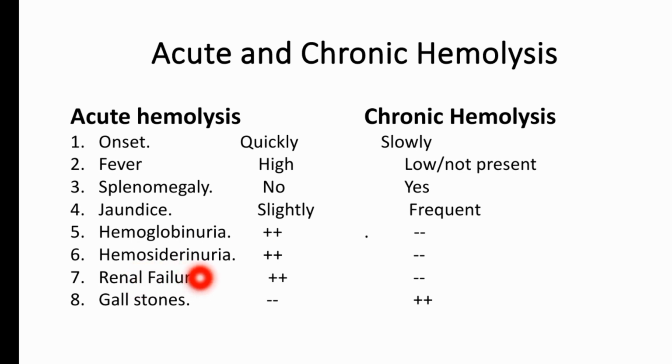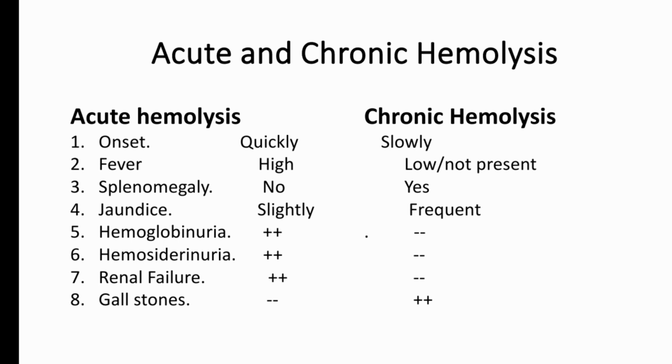The renal failure will be present in acute cases. The reason will be the same, and it will be absent in the chronic cases because of the activation of compensatory mechanisms. The gallstones will not be present in the acute cases, because the formation of gallstones takes much time, and this time is given to the body during the chronic cases.